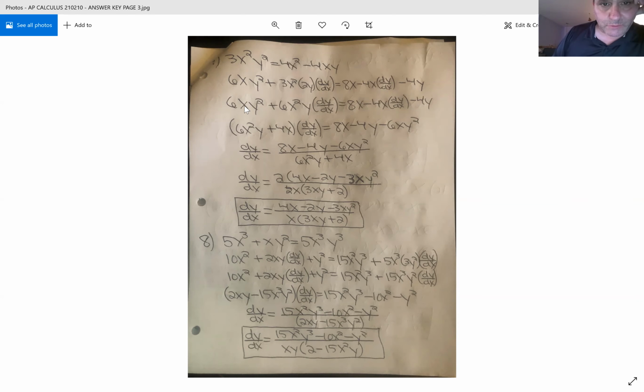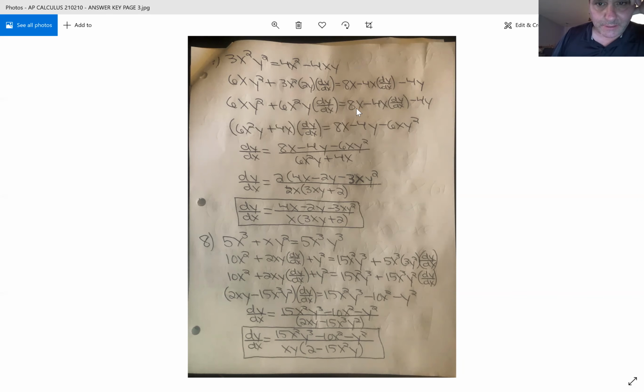I put those terms over here on the left, which was the 6x squared y term. This one should be plus 4x, which I got correct down here.